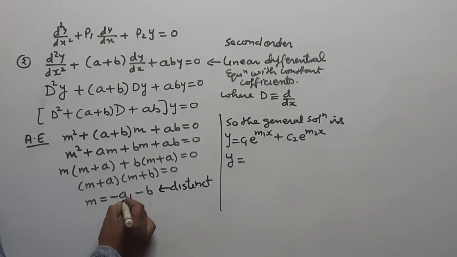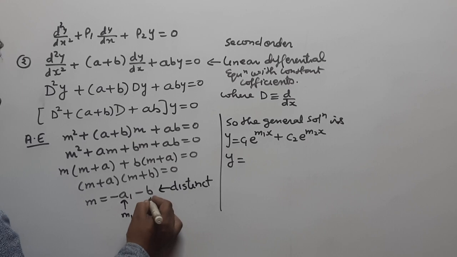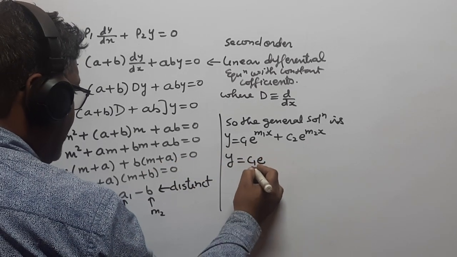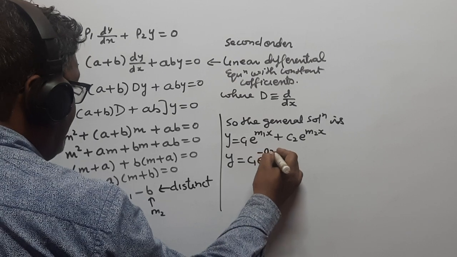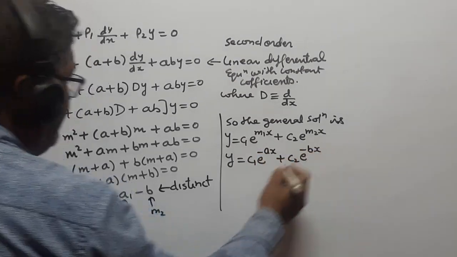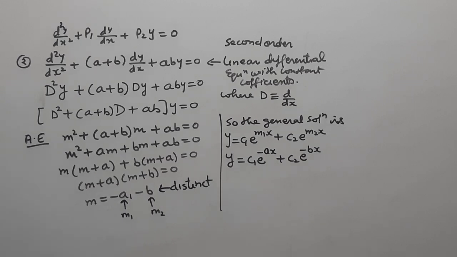You can see that this is m1 and this is m2. So the general solution is c1 times e to the power minus ax plus c2 times e to the power minus bx. So this is the general solution of the given second order linear differential equation.